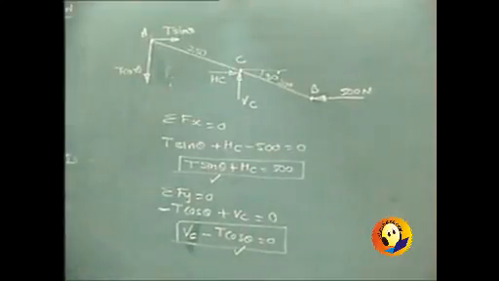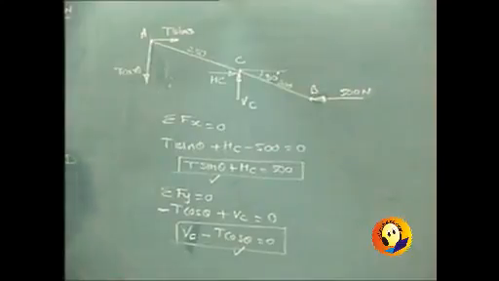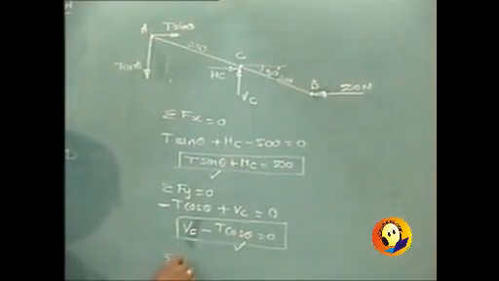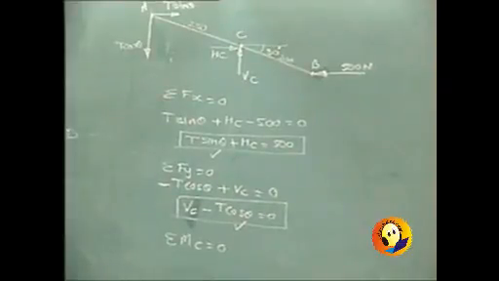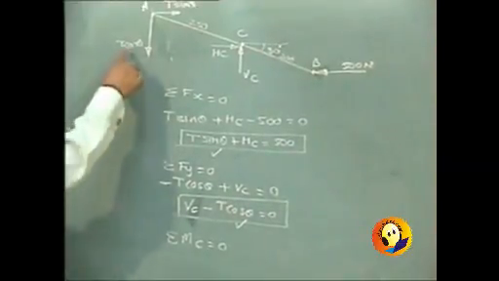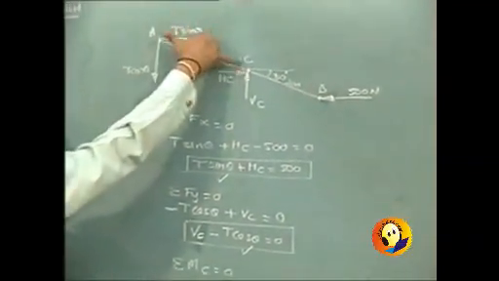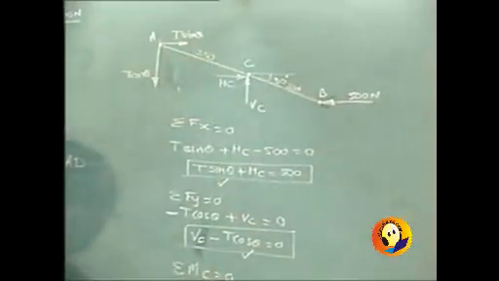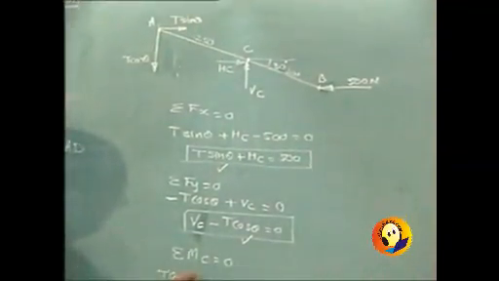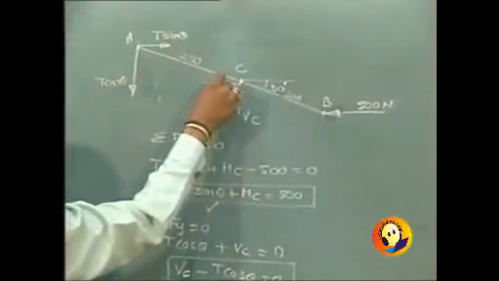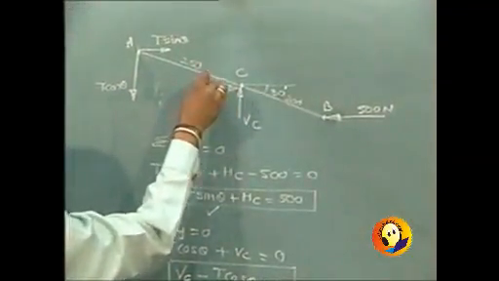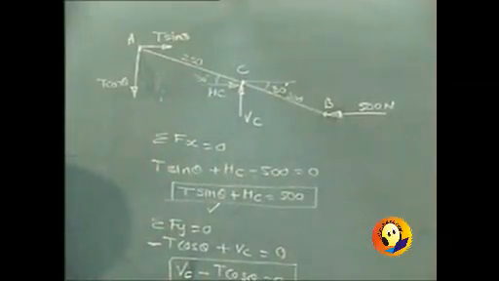And finally we will be taking the moment at point C to be equal to 0. Now this equation is going to be the lengthy equation. It is T cos theta which will produce the clockwise moment at C. So it will be T cos theta, and being a vertical force, we are looking for the horizontal distance. This angle is 30 degrees. So it will be 250 cos 30.